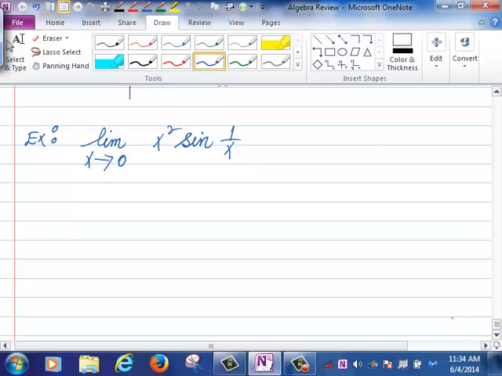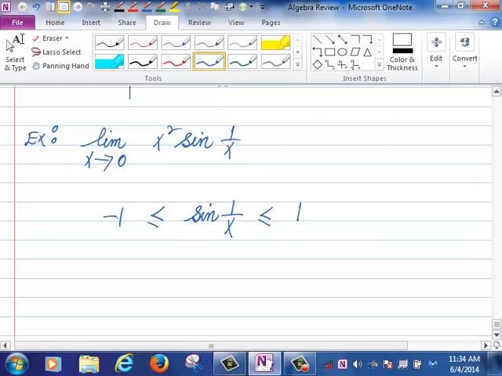So how do I find this limit? Well, I'm going to start with sine 1 over x and say that its value is between what? Sine is always between -1 and 1, no matter what the angle is. So the angle is 1 over x, whatever x is, the value is between -1 and 1.